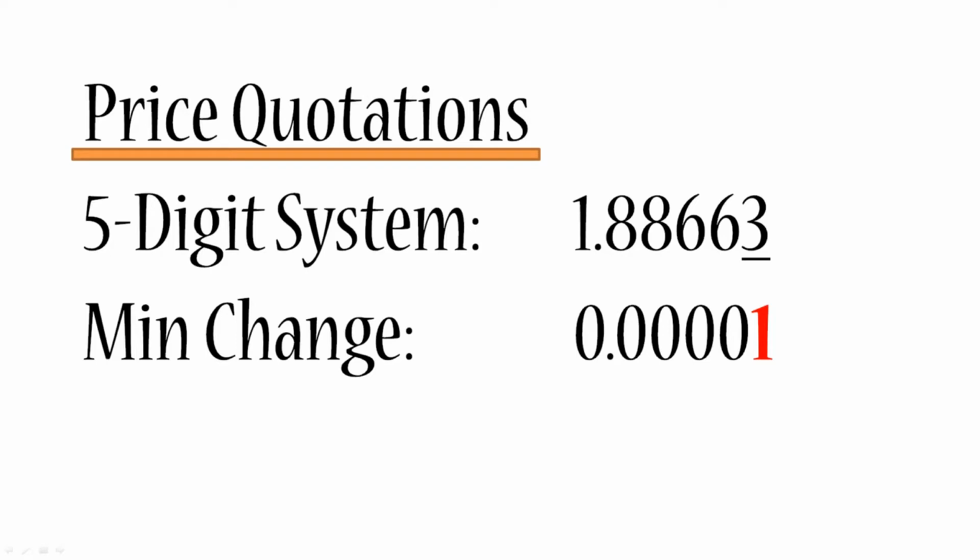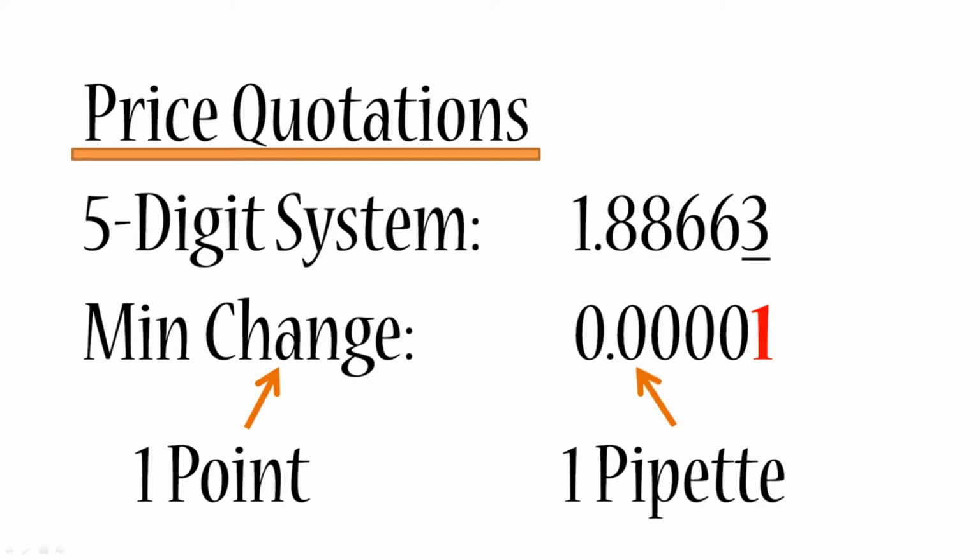Now let's understand how the definitions of pips and points have changed in this particular case when the 5-digit system has been introduced. So the minimum change is still called 1 point. Minimum change is always called 1 point. Now the value on the right, 0.00001, has been labeled with the name pipette.